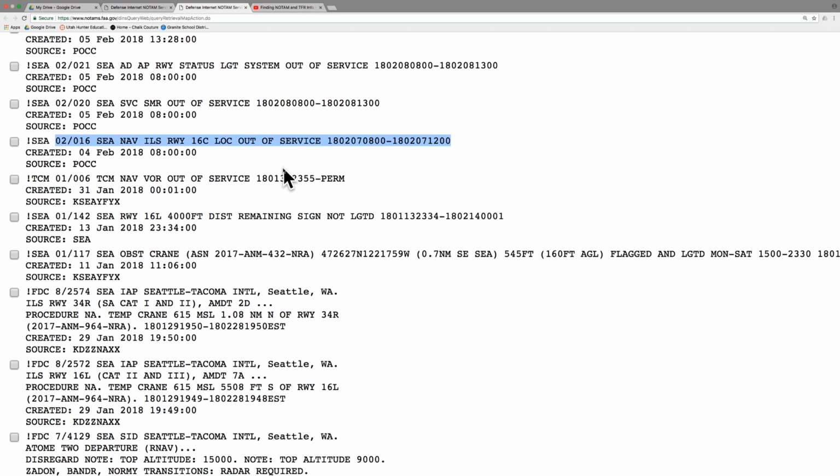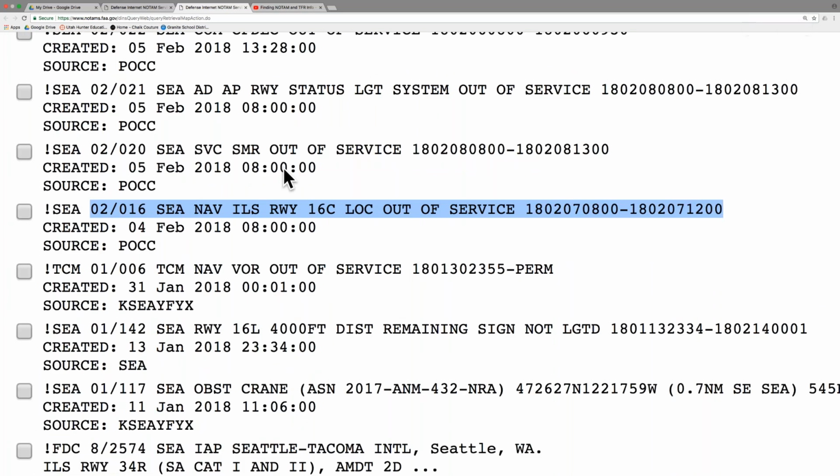Oh, center. Okay. And then the location is out of service from February 7th, 2018, at 8 o'clock to 12 o'clock. Okay. So did I read that back right?